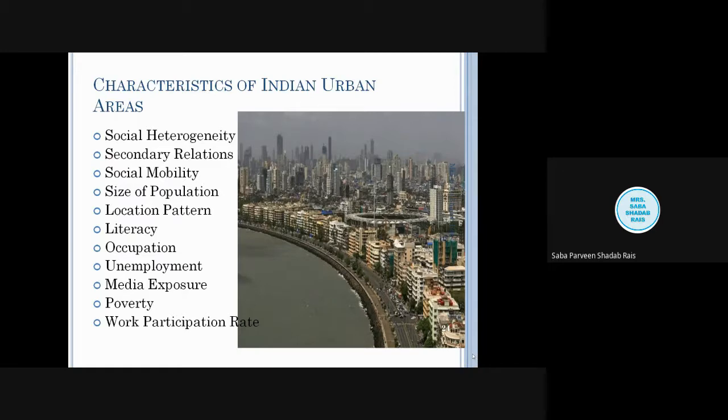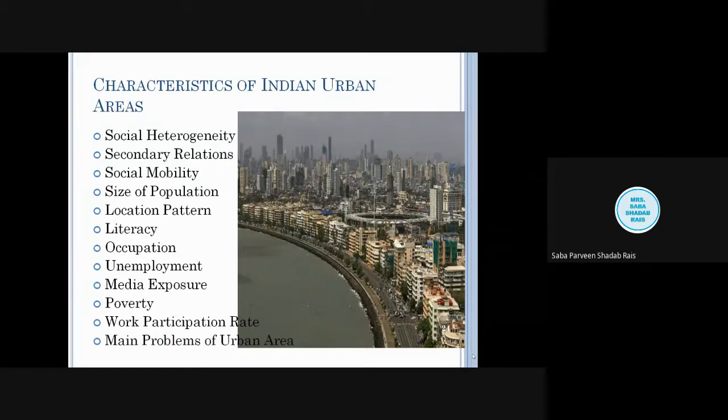In urban areas, you will find that the majority of girls, at least up to their graduate level, are not working. Their parents are taking care of their expenses, or the majority of women are housewives, and their husbands are taking care of their expenses.